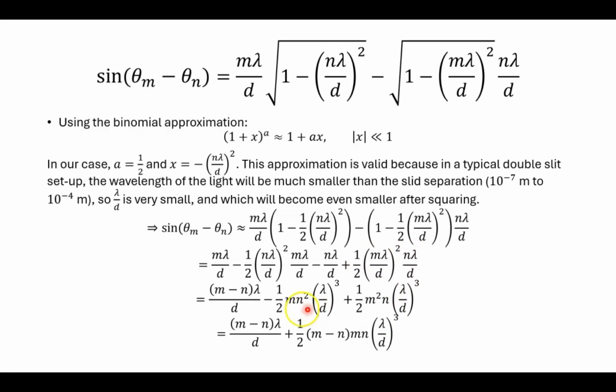And now, what I've done in this step is I take out m times n in both of the terms. In the first term, there's a negative n, and in the second term, there's a positive n. So I can group them together, which gives us m minus n times m times n, and then a cubed term here.